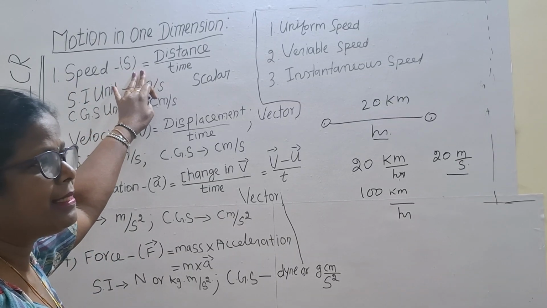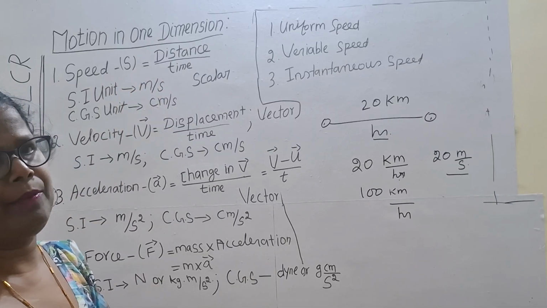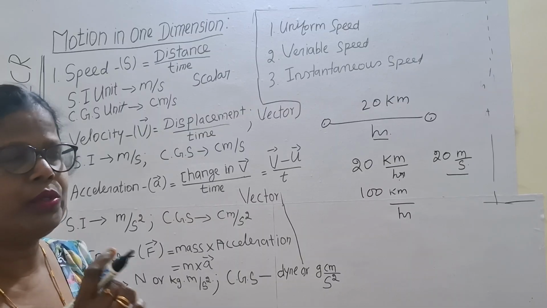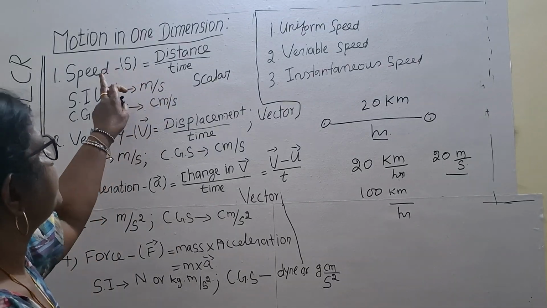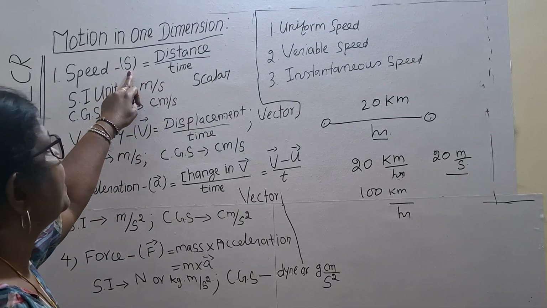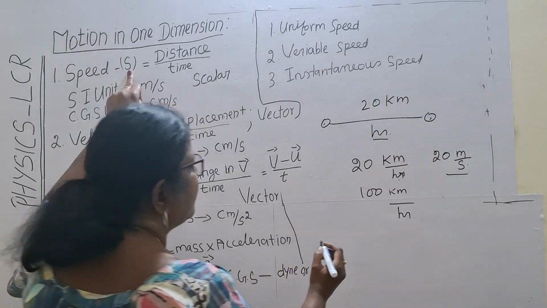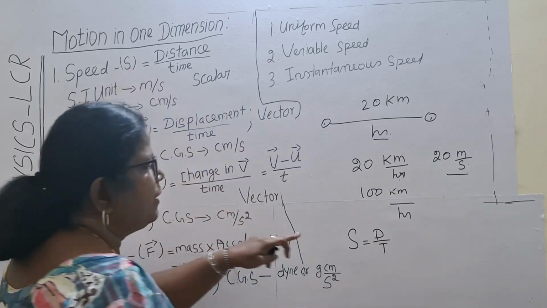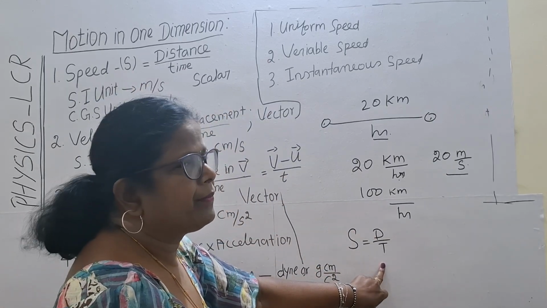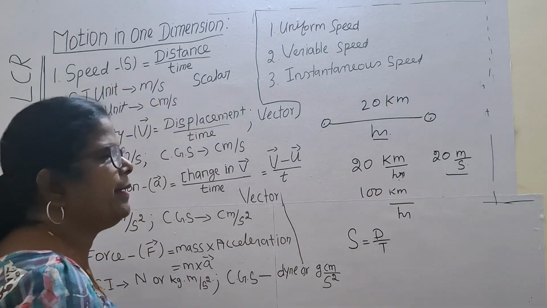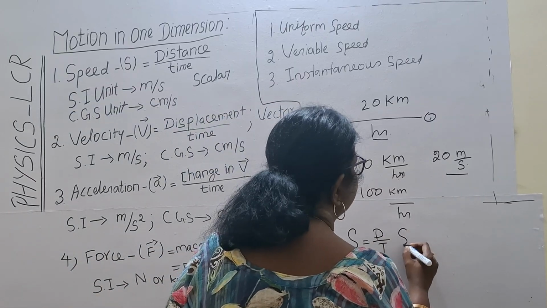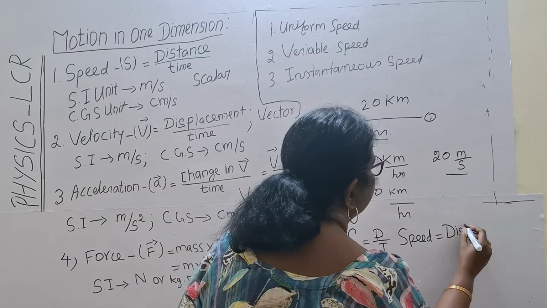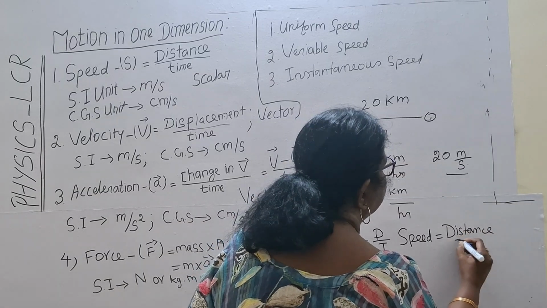A body that covers a distance in a unit time interval is known as speed. We denote speed by the letter S. So the formula we can write is S equals D by T. Generally, write the full form, that is better: speed equals distance by time.